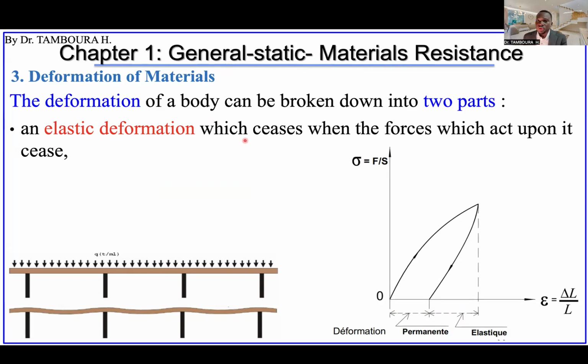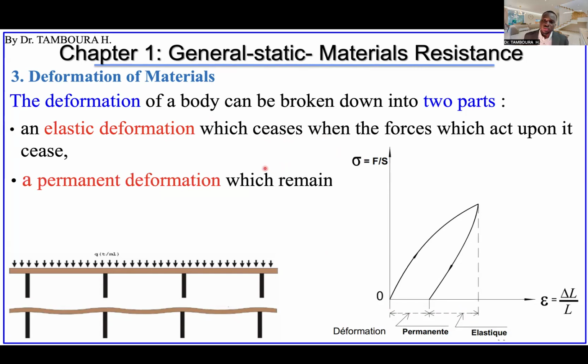So that deformation stops when the forces causing it stop. And another one is permanent deformation. That one remains. If you go far, the material will not recover totally. And this is here.